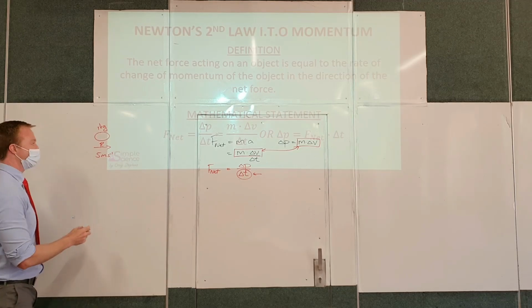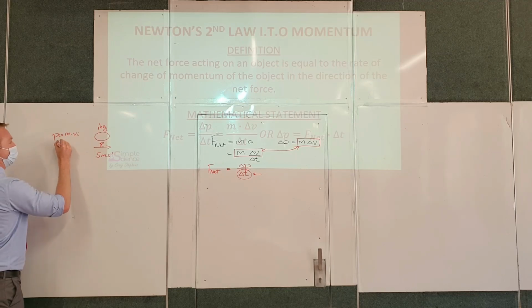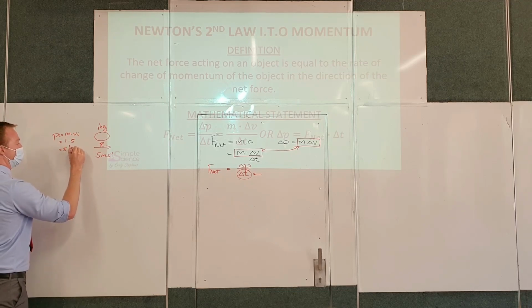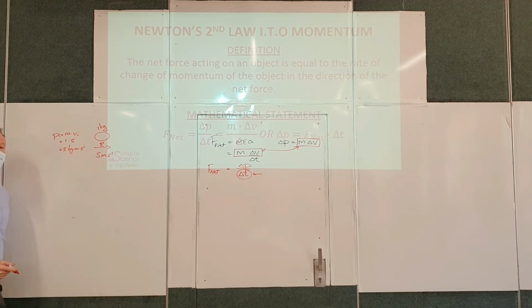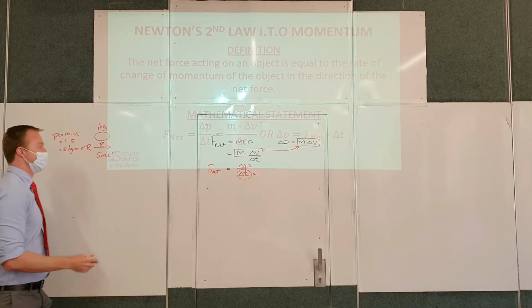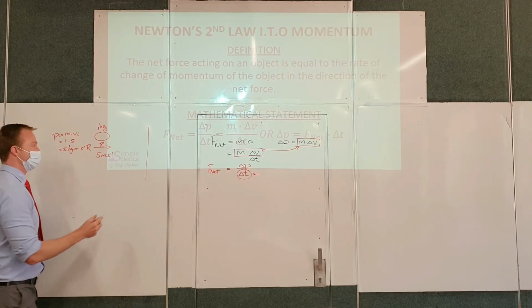So initially, we can calculate our initial momentum. p i is equal to m times v i, 1 kilogram, 5 meters per second. This object has a momentum of 5 kilogram meters per second. Remember though that it is a vector, so it is to the right. This object strikes a wall and bounces back.